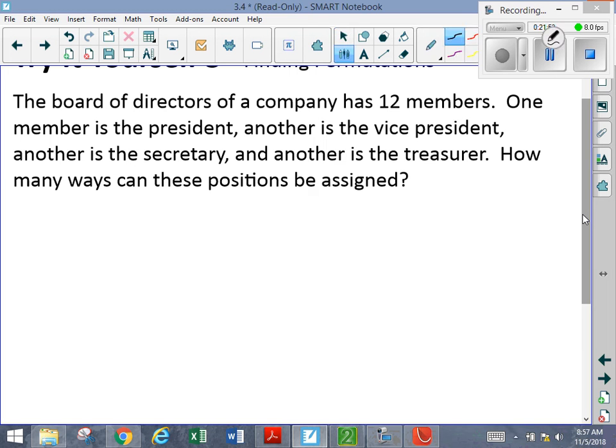So again, we're going to decide. We're choosing from 12 members, right? So n is 12, and r is the number of things we're going to arrange them into. We've got president 1, vice president 2, secretary 3, treasurer 4, so r is 4.